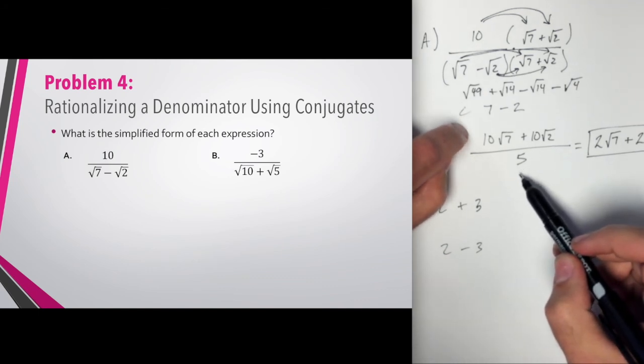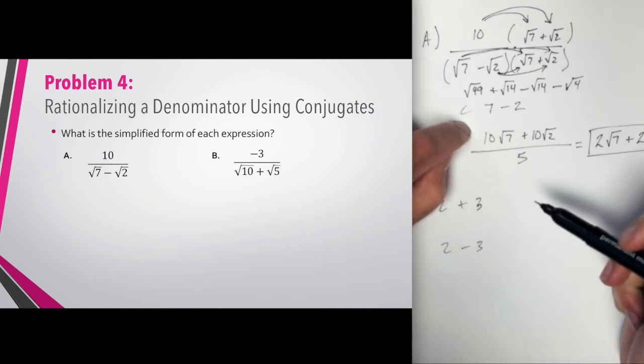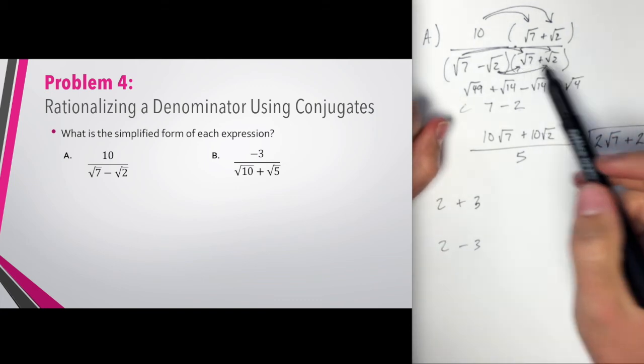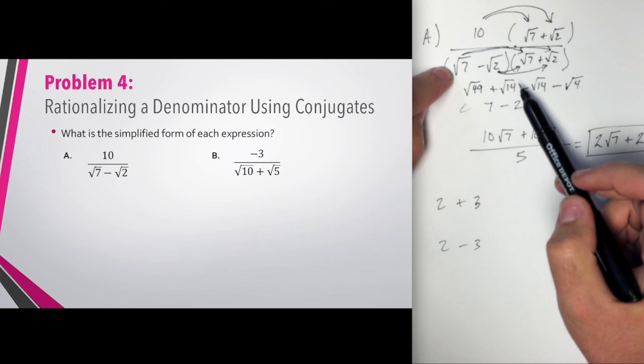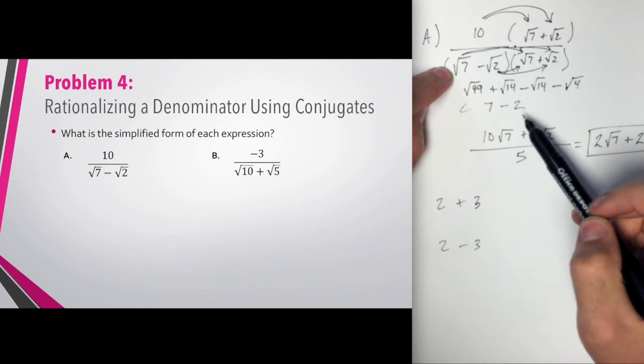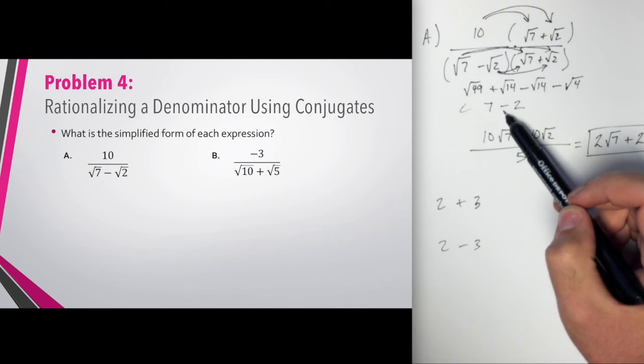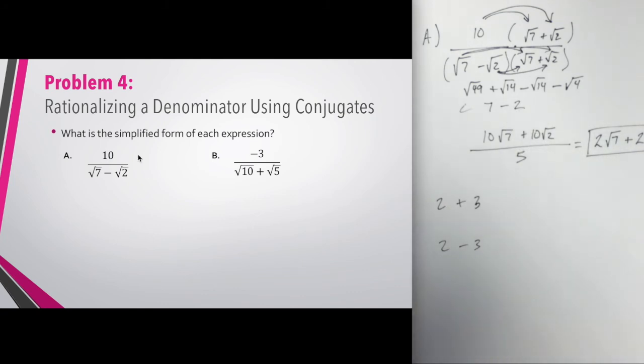What you need to know is every single time you do one of these problems, all that's going to happen to the denominator is the square root symbols are going to be gone, right here, 7 minus 2. But also know it's always going to come out as minus in the bottom. So even on letter B, there's a plus sign in the bottom.